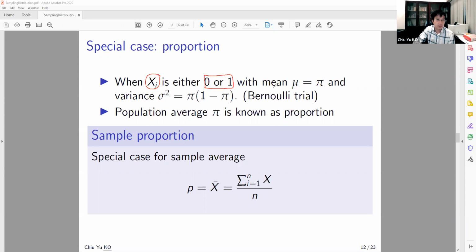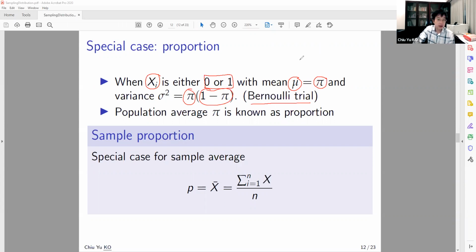Because each random variable is 0 or 1, the sample mean will be pi, and the variance will be pi times 1 minus pi, because this is a binomial trial, okay?